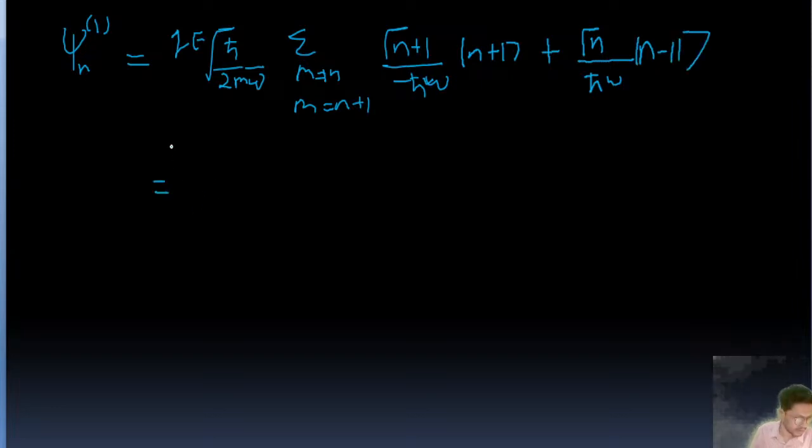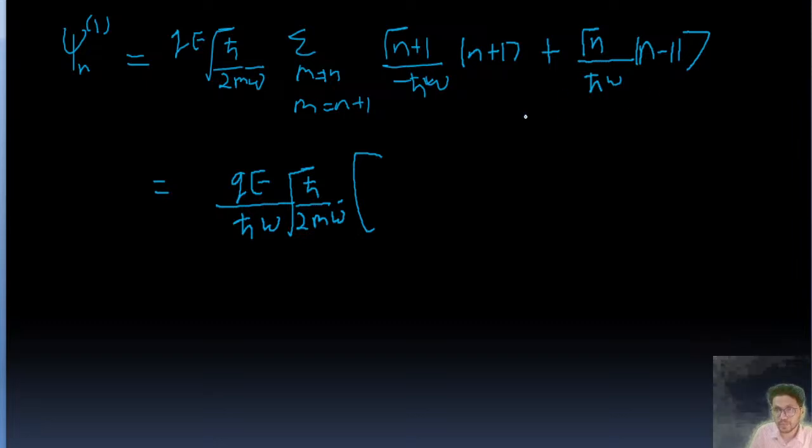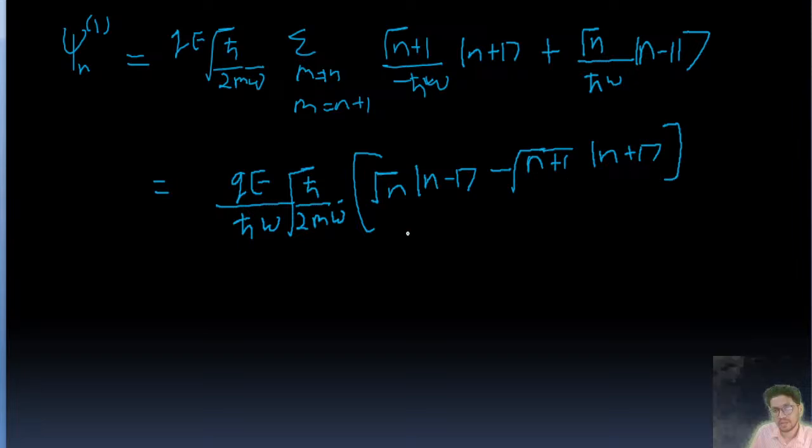So this is going to be QE upon h cut omega, we'll take common h cut omega, root h cut upon 2m omega, and this is going to be root n into the state n minus 1, minus this one, root n plus 1 into the state n plus 1. So this is the first order correction in the wave function.